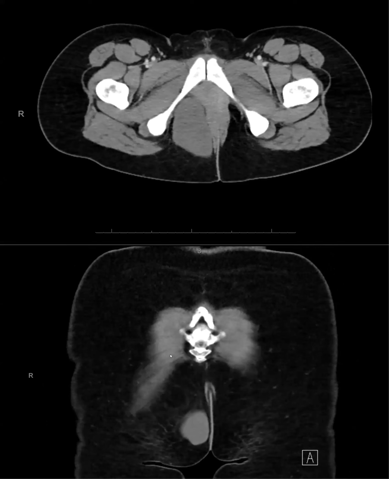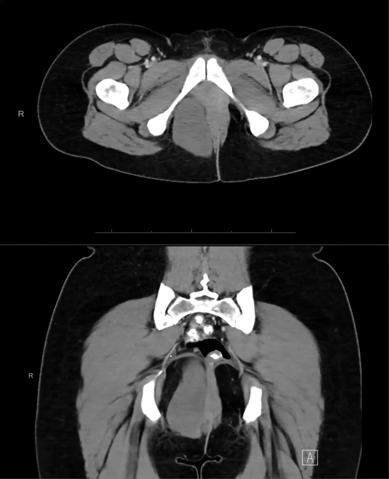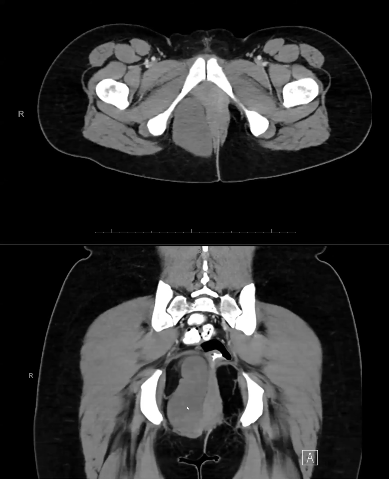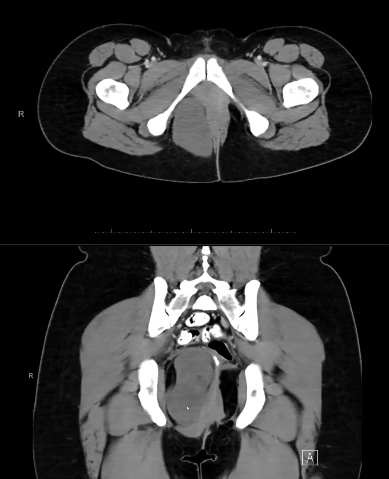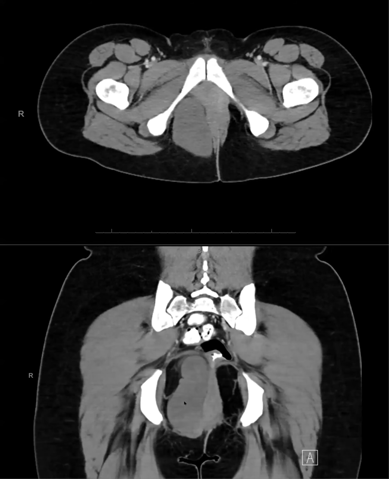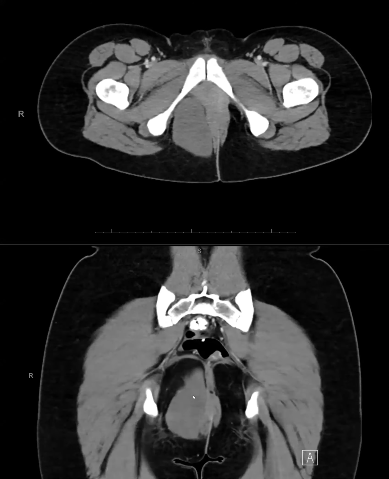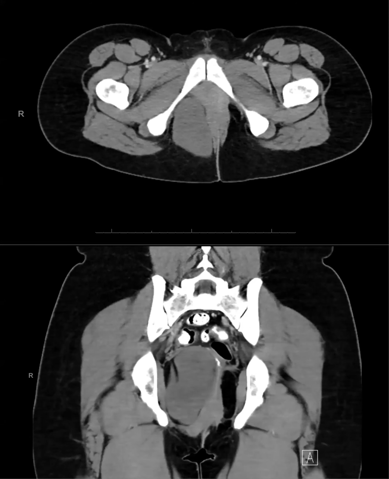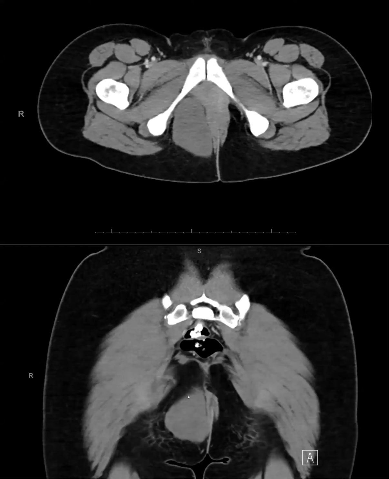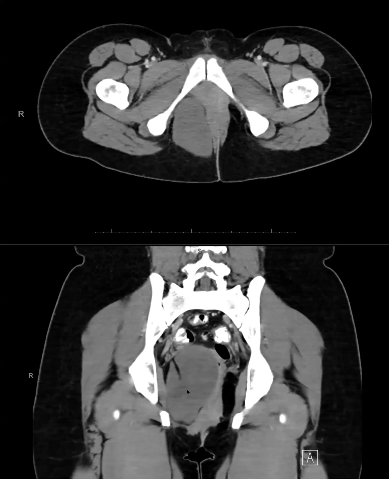How bizarre. And if you look close, you want to think that it's homogeneous, but there are areas of increased attenuation within it here. I see we're getting something in the chat. Let me just peek here. Oh yeah, anybody have a guess? Just on the CT. A solitary fibrous tumor.